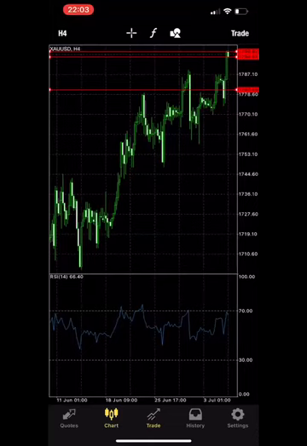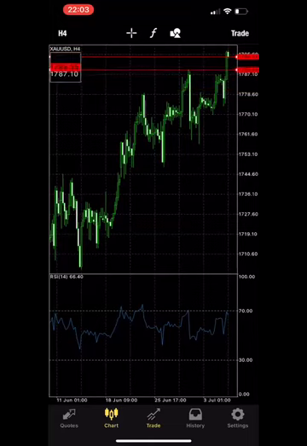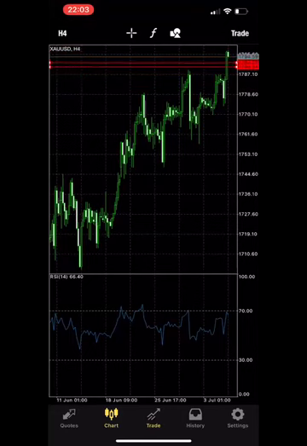But now if I want to make sure I secure a bit of money because my trade is in £140 profit, if the trade is currently here, all I need to do is move my stop loss closer to where the trade is, which is here. So I know if this trade decides to go backwards, I'm guaranteed some money.